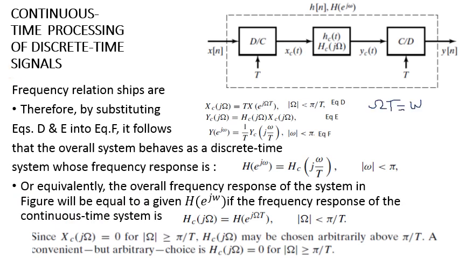Capital omega, the frequency of the continuous time signal, times the sampling period, equals small omega, the frequency of the discrete time signal. So that means capital omega equals small omega divided by the sampling interval, or sampling period. So that's ω/T.